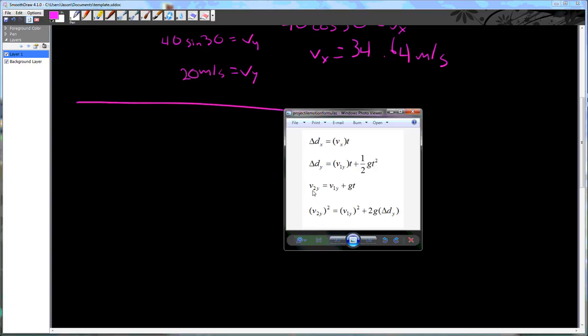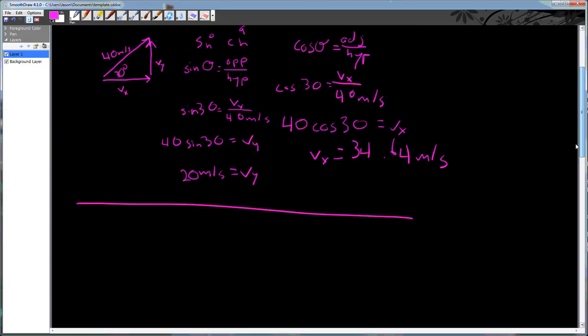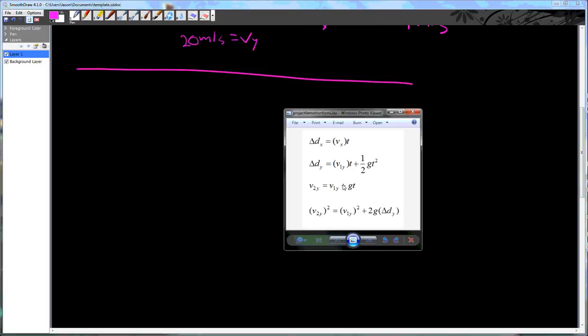If we say our Vf, or our V2, right, y, is 0, because we know at the halfway point, at the peak of this projectile's trajectory, right about here, when it reaches its maximum height, its vertical velocity is 0. So again, we'll know our vertical velocity final if we're looking at only half of the trip as 0. We know our initial vertical velocity, we just found that using trig.